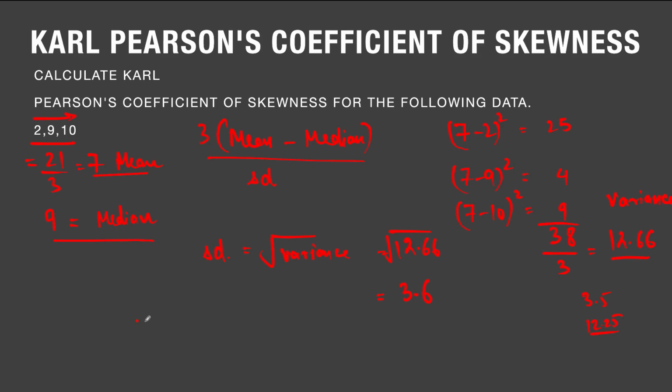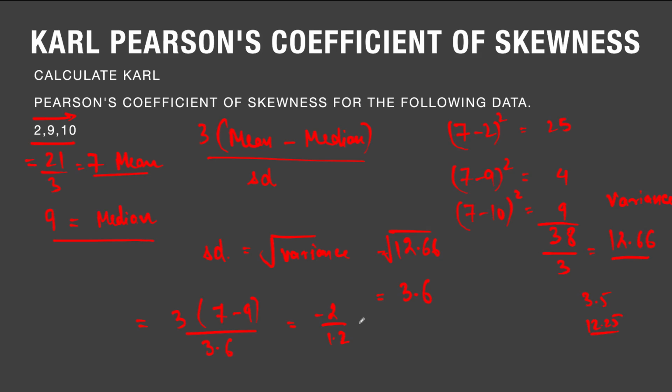Now I'll quickly use the formula: 3 times (mean minus median). Mean minus median means (7 minus 9) whole upon 3.6. This is going to be 1.2 and minus 2.